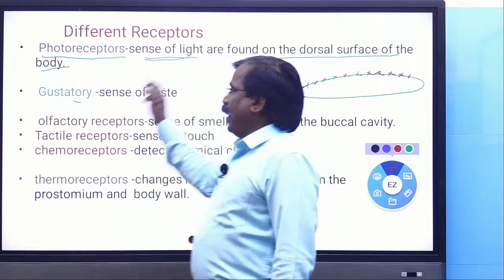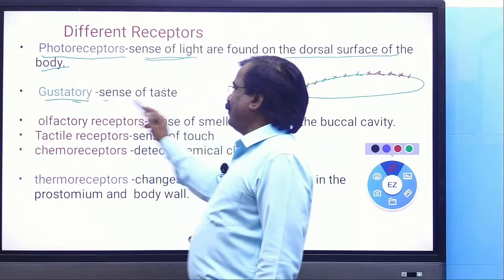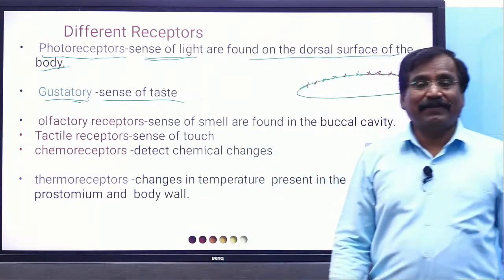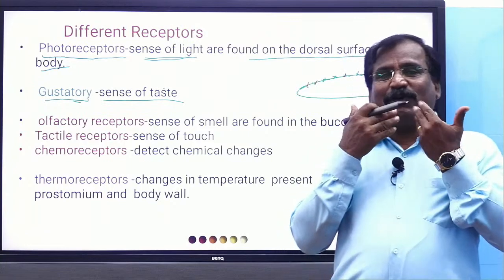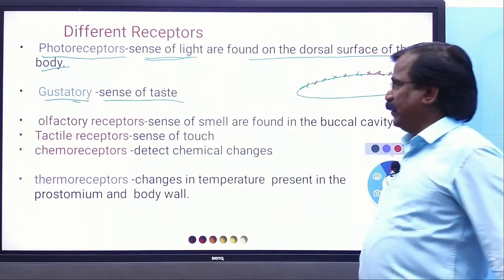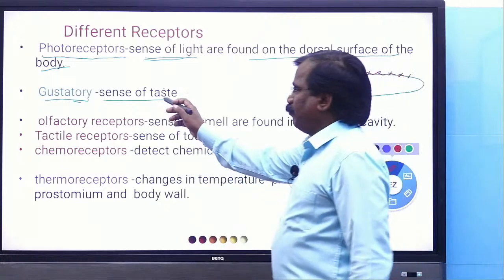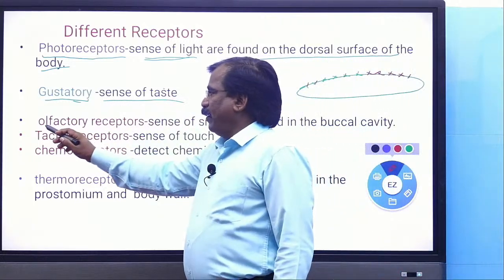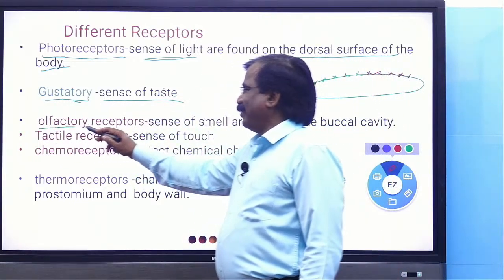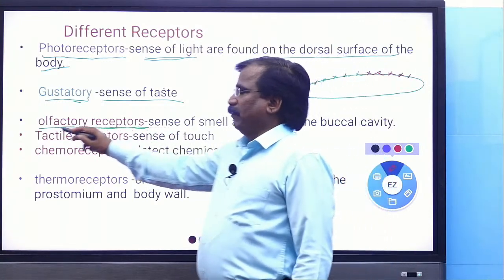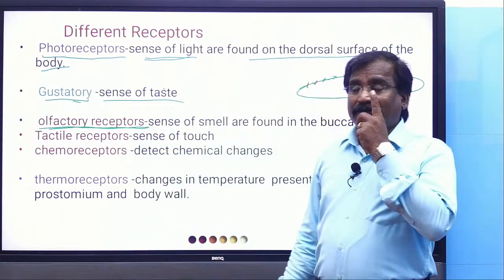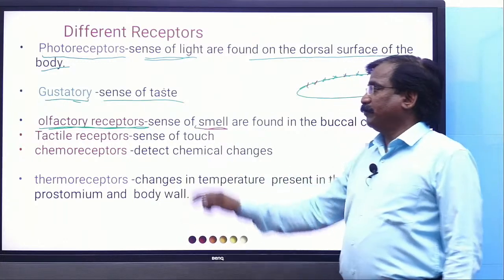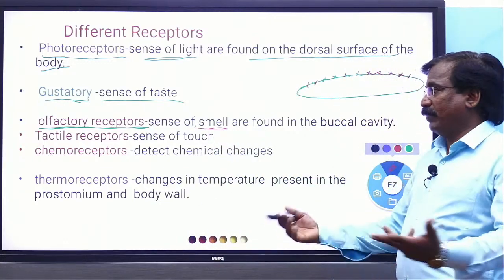Photoreceptor, sense of light, and gustatory receptors, sense of taste. Gustatory receptors are located in the mouth, the buccal cavity region. And next are the olfactory receptors, nose, sense of smell, 1 mark maybe.